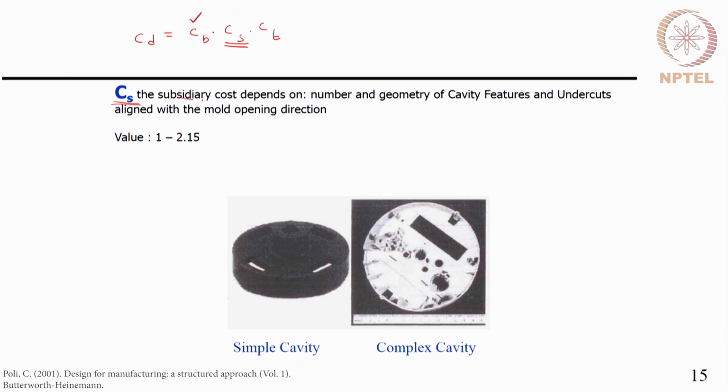The subsidiary cost depends on the number and geometry of the cavity features, because the cavity features need to be machined in the faces which are transverse to the mold opening and closing direction.